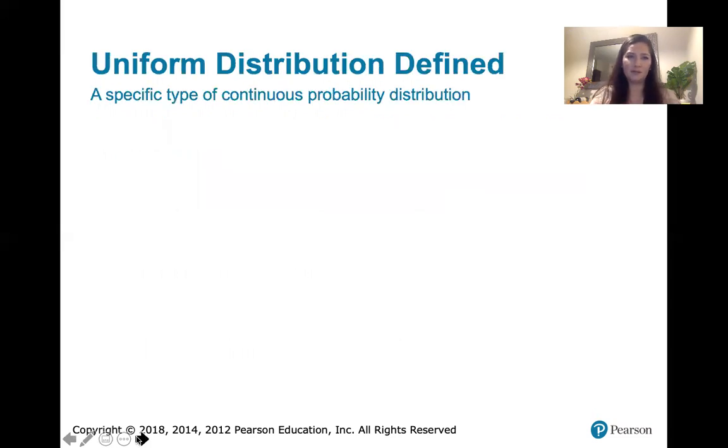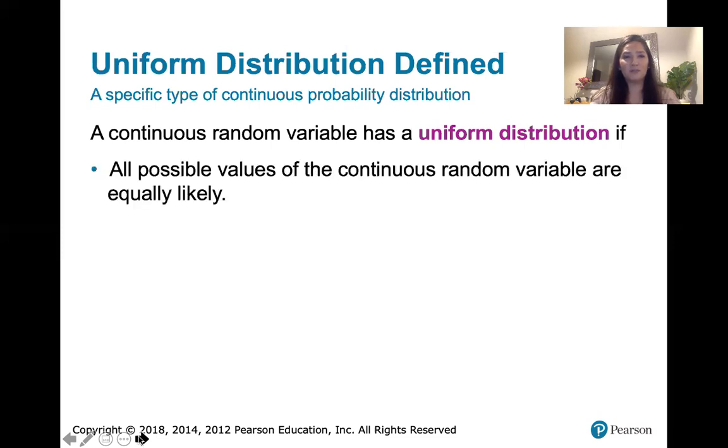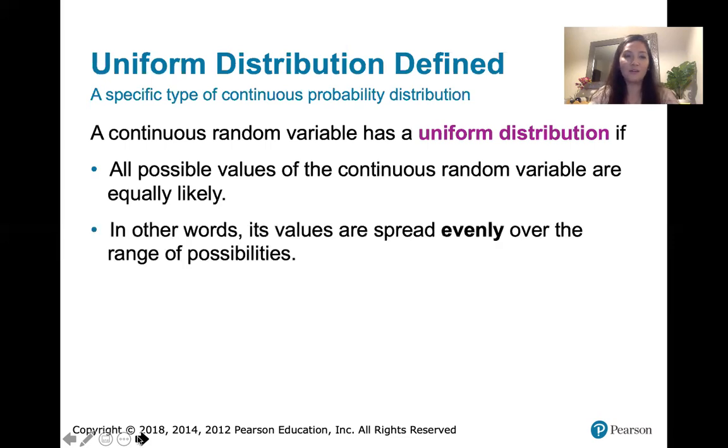Now, remember, uniform distributions are just a specific type of continuous probability distribution. We say that a continuous random variable is uniformly distributed or has a uniform distribution if the following is true. All possible values of this continuous random variable are equally likely, or in other words, the values are spread evenly over the range of possibilities.